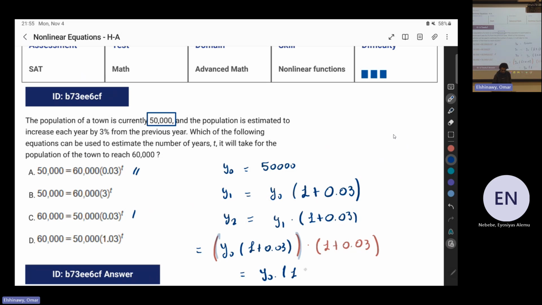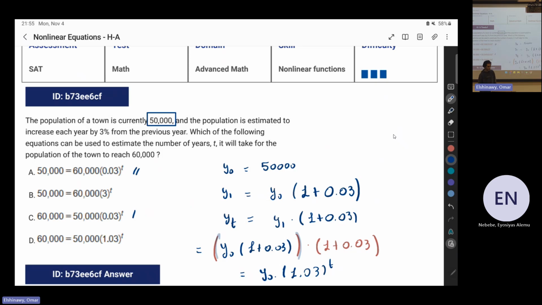I can just write this as 1.03 squared. This happens in the second year, and in the third year, it's 3, and in the fourth year, it's 4, and in the fifth year, it's t.